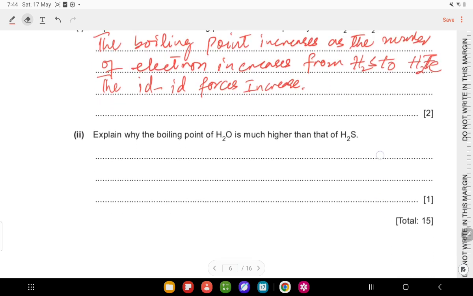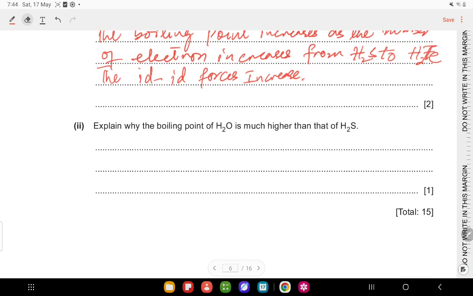Explain why the boiling point of water is much higher than that of H2S.